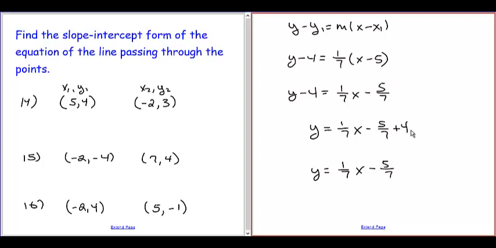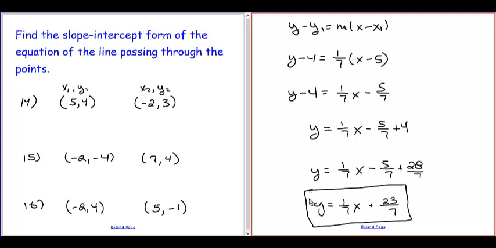So we want to convert 4 into something involving sevenths. 4 times 7 is 28, so 28 sevenths. And then you can just simplify the two fractions. So negative 5 plus 28 is going to be equal to plus 23 sevenths. That's your final answer.